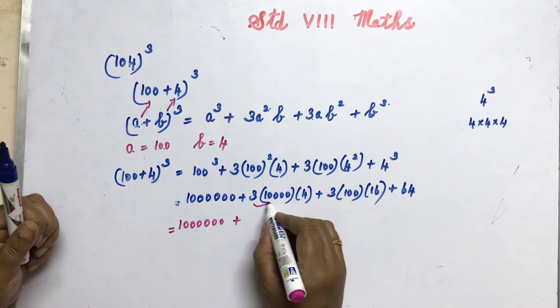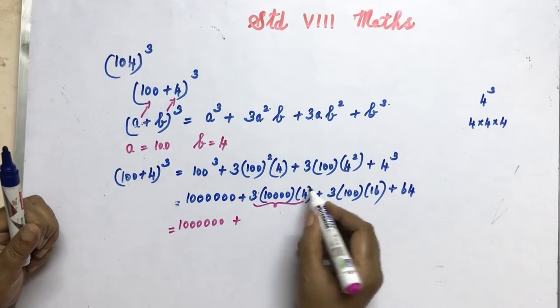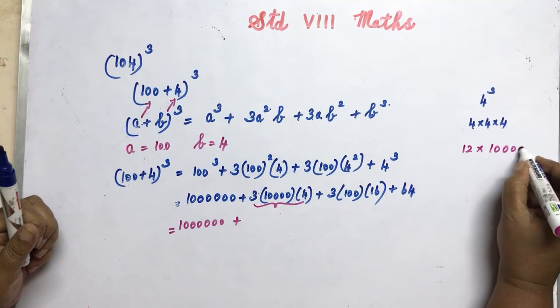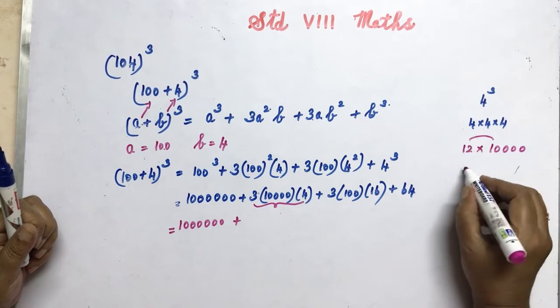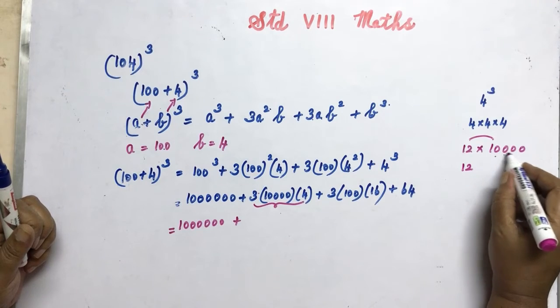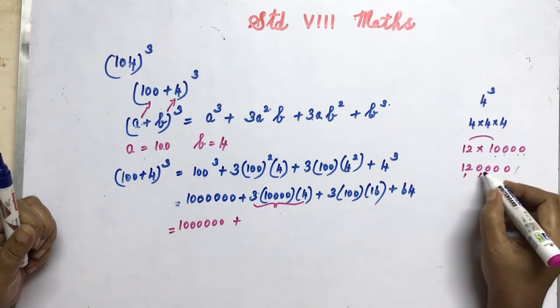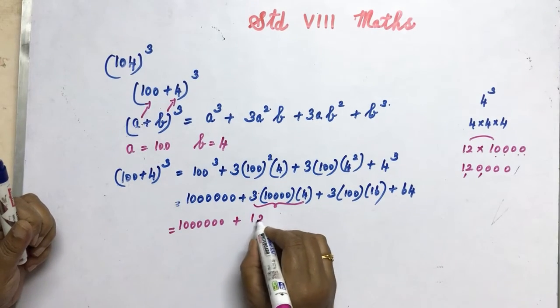plus, now we have to multiply this. 3 into 4 is 12. Now 12 into 10,000. So 12 into 1 is 12. After that we should write 4 zeros. So that is 1,20,000.